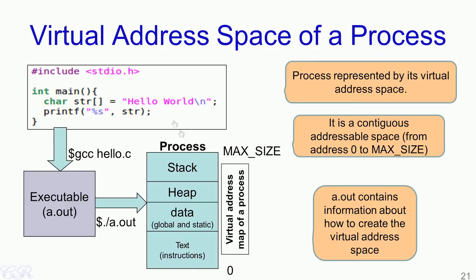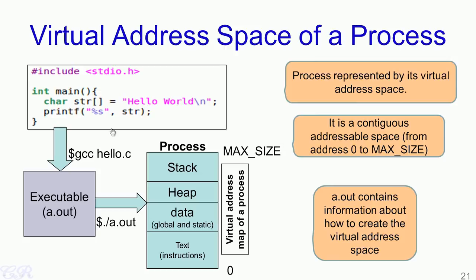For instance, if I were to print the address of hello world, essentially the address of this str, then the result would be the virtual address with respect to this particular mapping. What we will next see is how this virtual address map gets mapped into the main memory of the system.